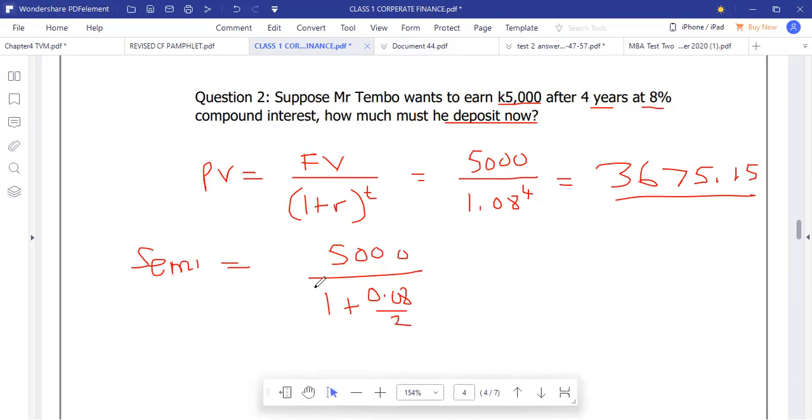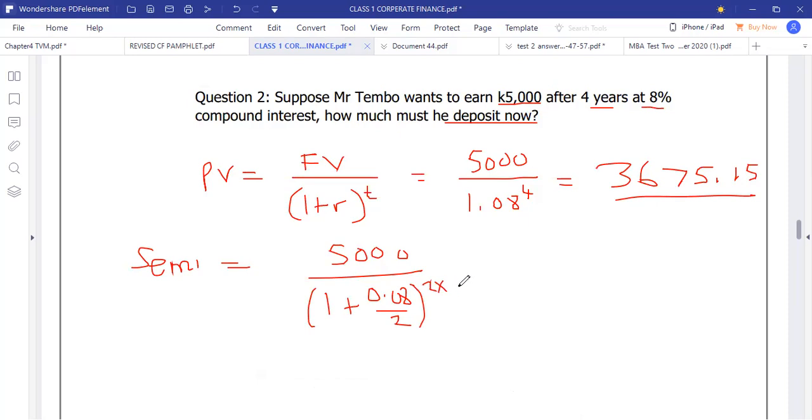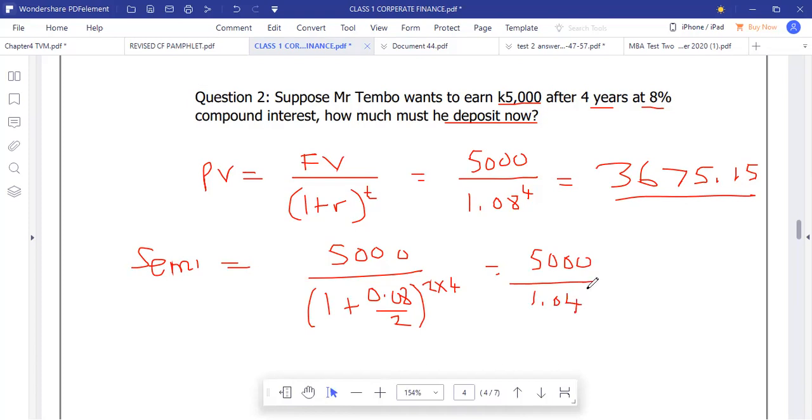And the time we multiplied by 2, so 2 times 4. So here we would have had 5,000, and here 1.04 to the power 8, which was 1.36.